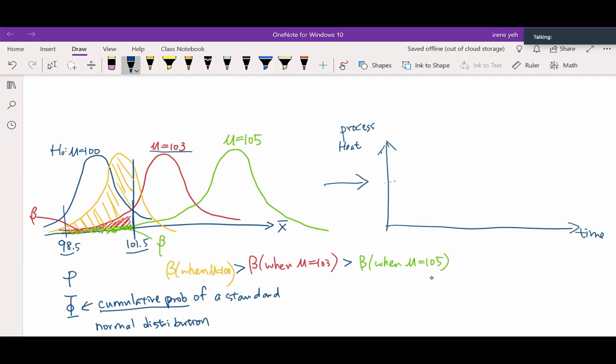So we're expecting it to be 100, and we'll measure it. Let's say we monitor it on a daily basis, day 1, day 2, day 3, day 4, and you'll see the sample changes over time. As long as it's all around 100, we're fine.